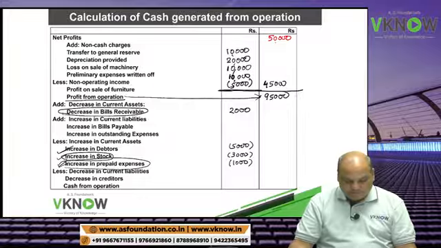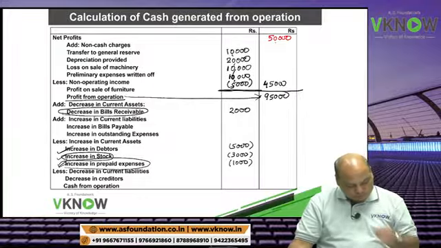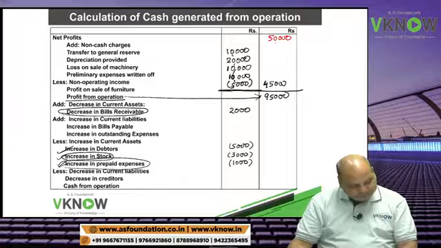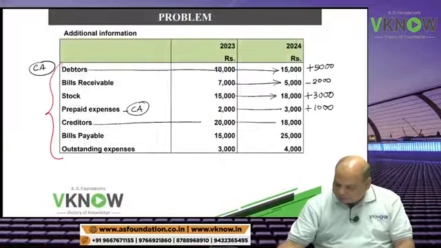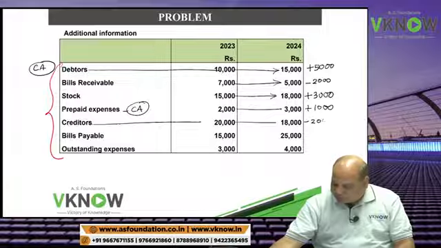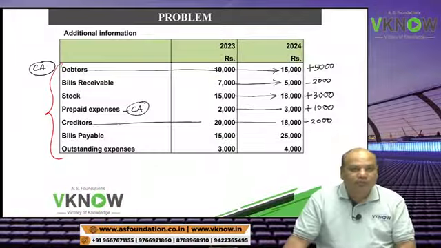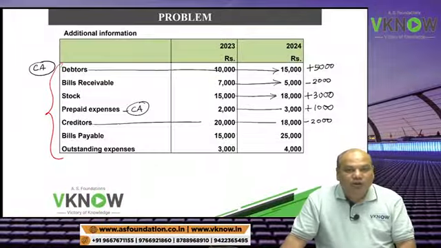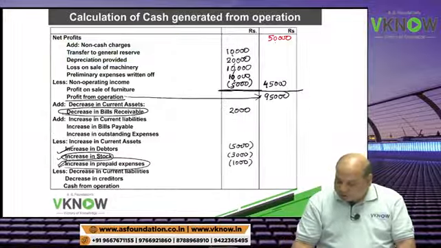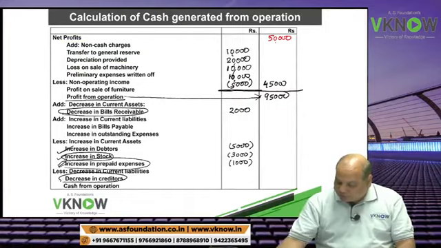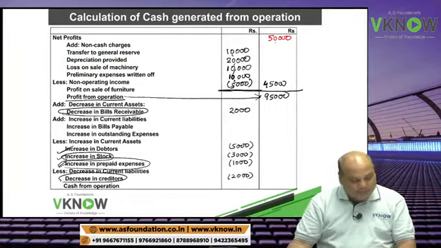Next line, creditor. There is a decrease in creditor 2000 rupees. Decrease in creditor, decrease in cash flow. Last second line, decrease in creditor, decrease in cash flow 2000.